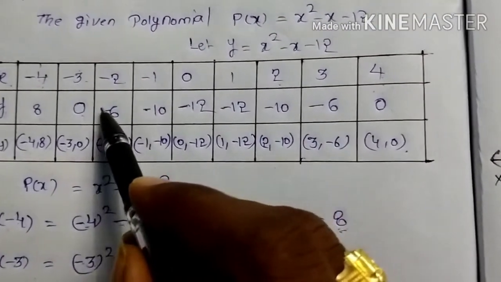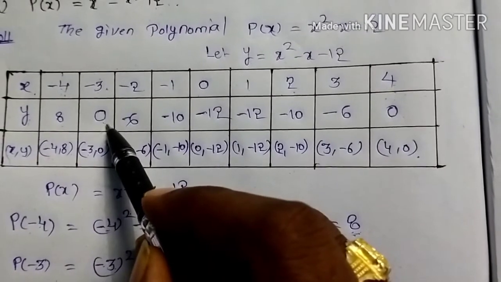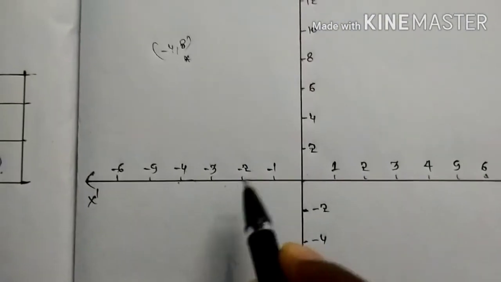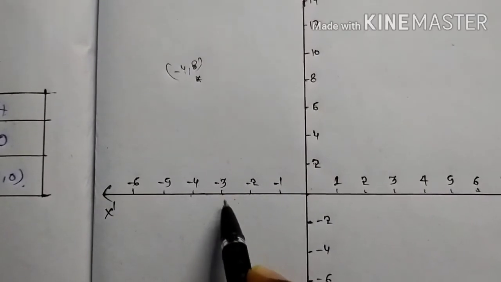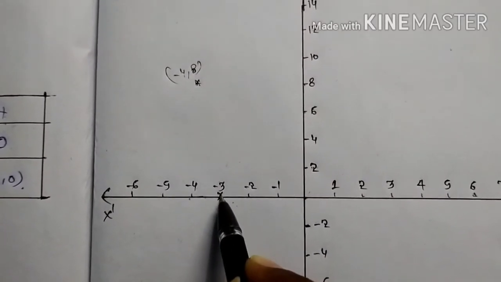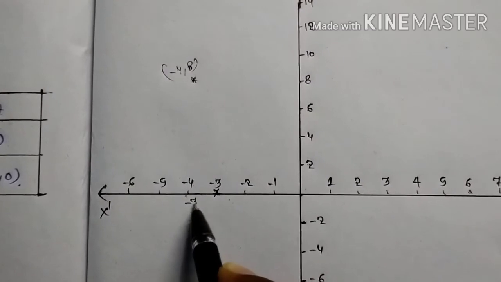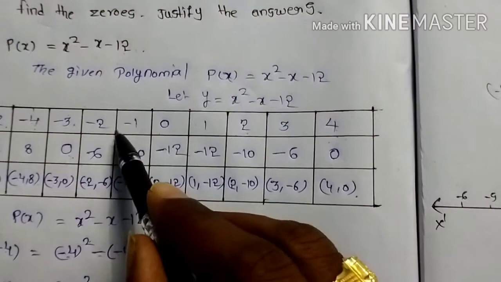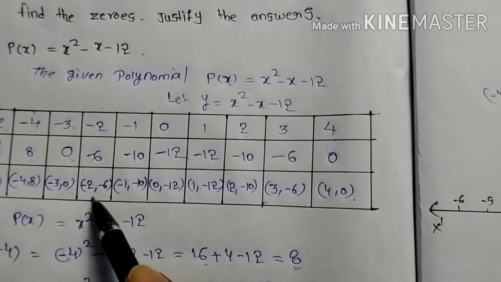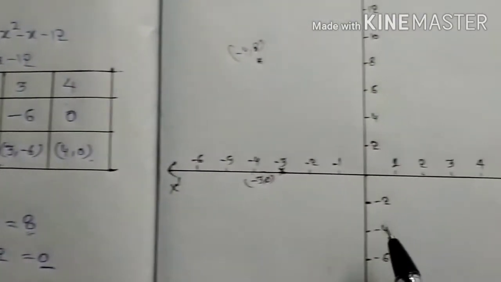In the similar way, you can do one more. See, -3 comma 0. Where is -3? -3, 0 means on this only. Next point, -2 comma -6.